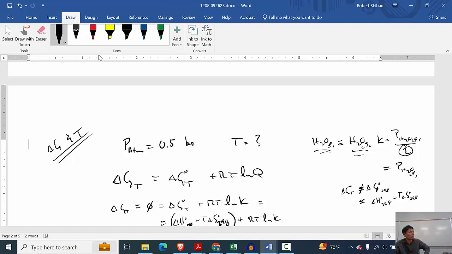How would I know in the future that delta G at that temperature is equal to 0? Is that just because the reaction happened, so obviously it went to equilibrium? The reason we're setting it equal to 0 is because the first term is unfavorable.